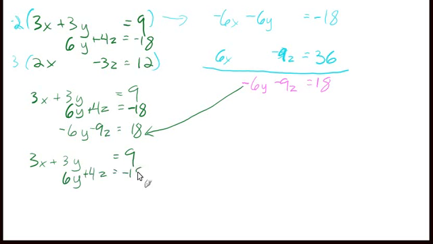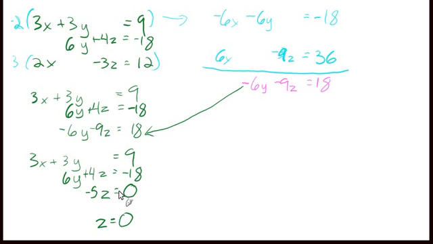And we add these together now, and that's going to replace the third one. So 0y, 4z minus 9z is negative 5z, and negative 18 plus 18 is 0. So immediately we know z must be 0. If we divide by negative 5 on both sides, z would be 0.